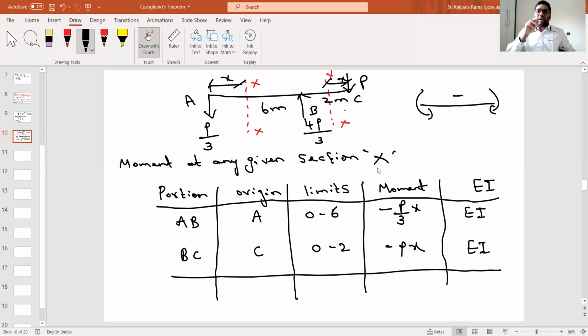And for shear force, you already know RUN: right upward negative, right downward positive, left upward negative, left downward positive. So the sign convention should always be in your mind.